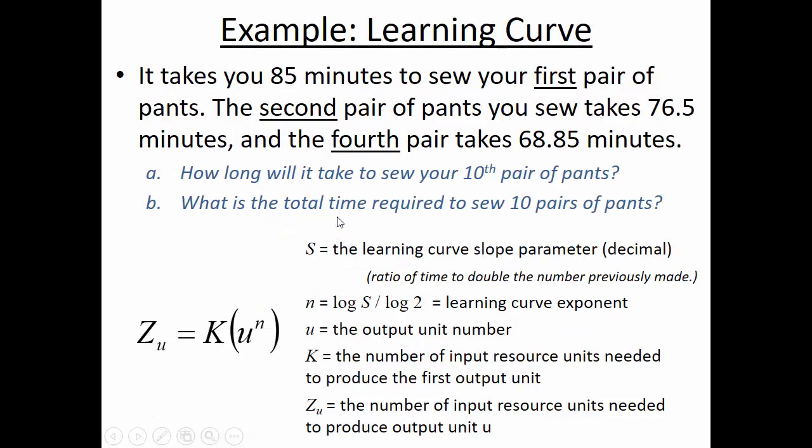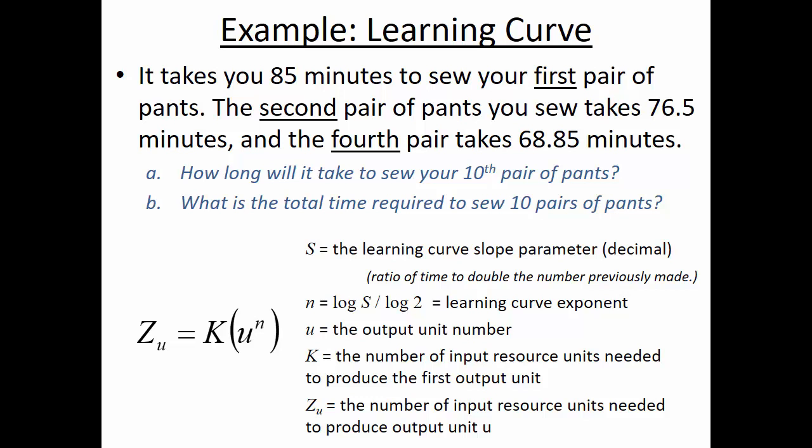Let's say that the first time that you sewed a pair of pants, it took 85 minutes, and so that is K. And the second pair of pants takes 76.5 minutes. So that doubles your experience, going from having completed one pair to completing 2 pairs of pants. You've now doubled your experience.